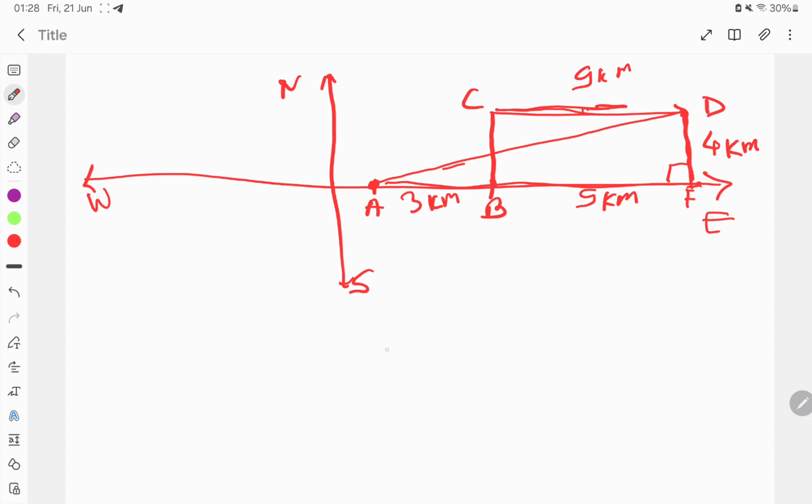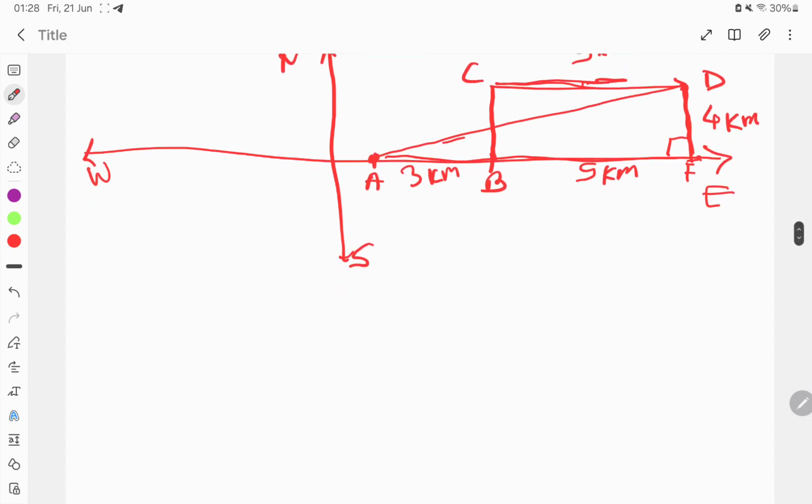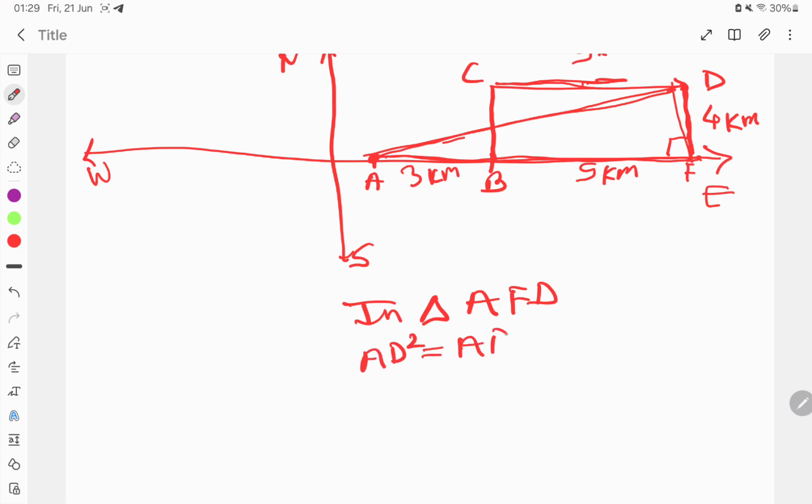Now in triangle AFD, I have to find AD. So by Pythagoras theorem, AD square equals AF square plus DF square.